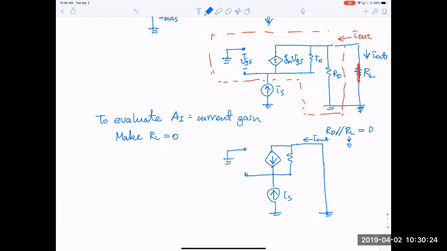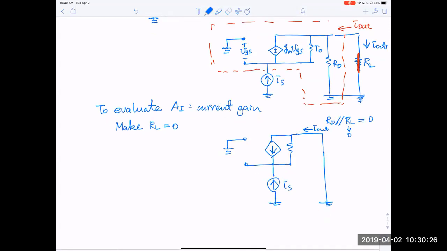So this turns out to be kind of a trivial solution. You can apply KCL here. IS is going to flow through both paths, but both paths will combine and all go out through a single terminal at the output. So I really don't need to care how they distribute between this dependent current source and the current flowing through r0. I can simply say I out is equal to IS, but opposite in direction.